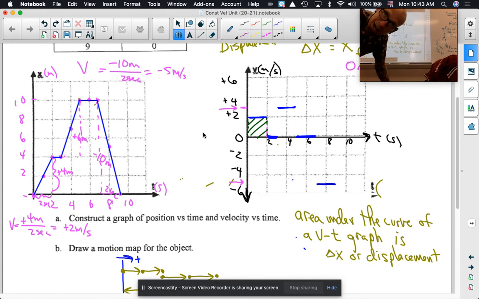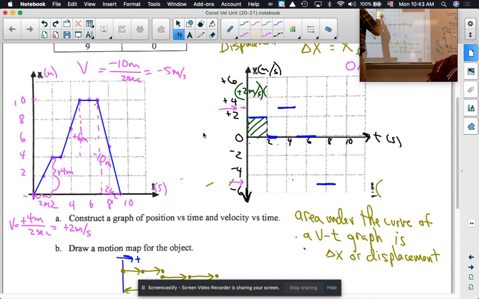Now, does that box have dimensions? Like, does it have a height and width? Yeah. Well, what are they? Well, look at it. We have positive 2 meters per second for the height, times, what's the base?